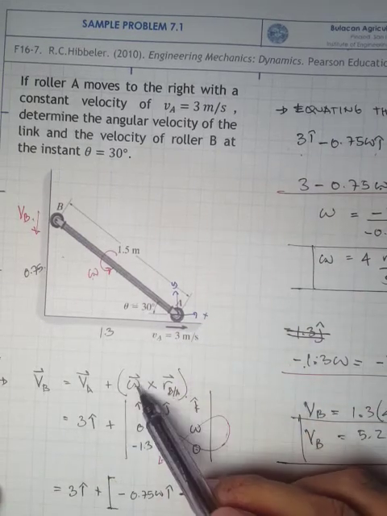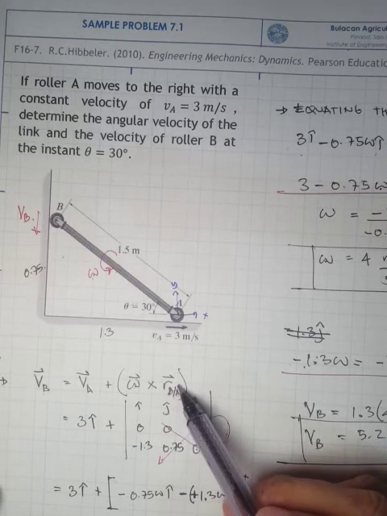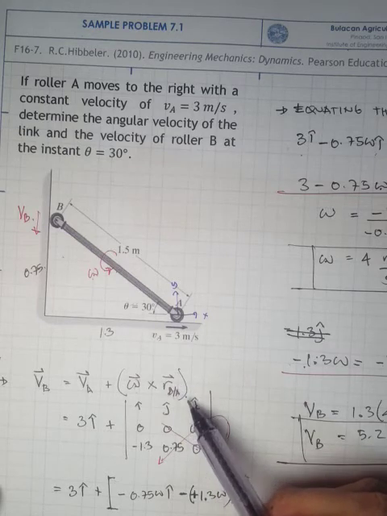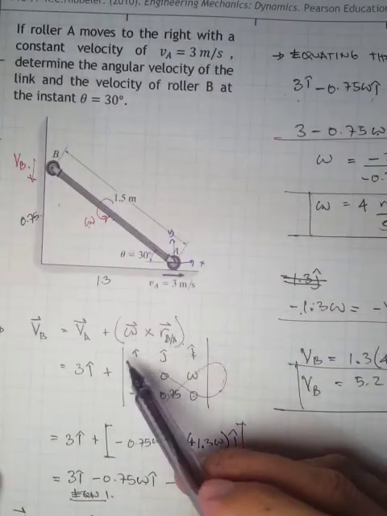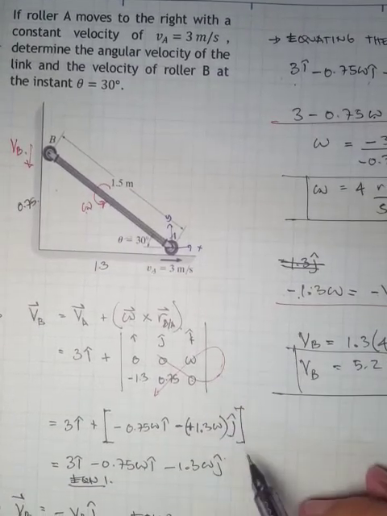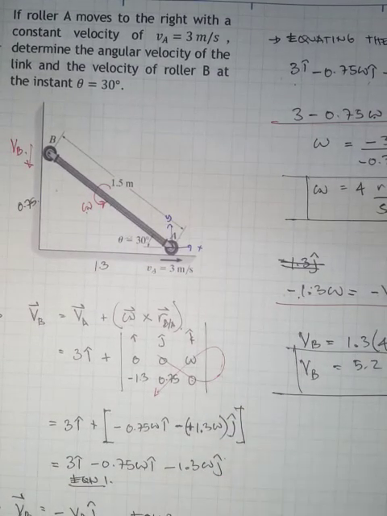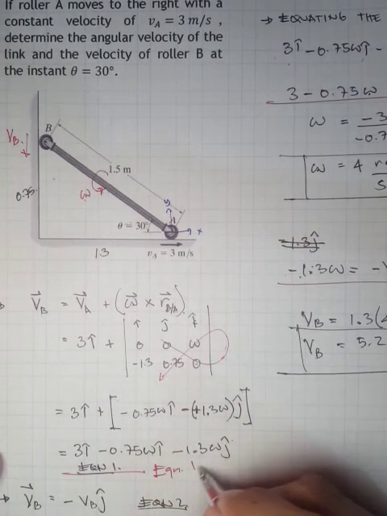So this ω and this position vector, position of B with respect to A, this is a cross product, and we use this matrix math here. Then we do the math, and then we get an equation, and we label this as equation 1.